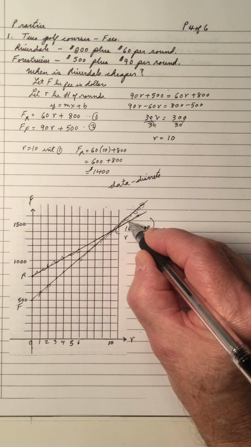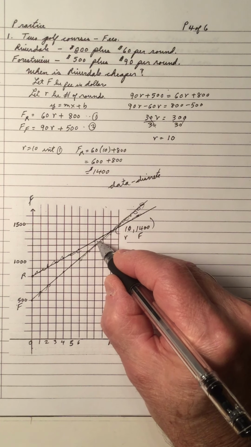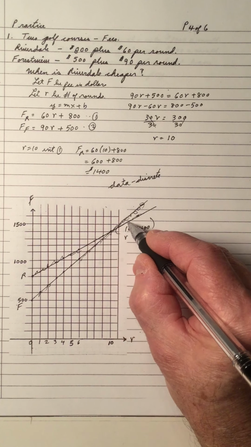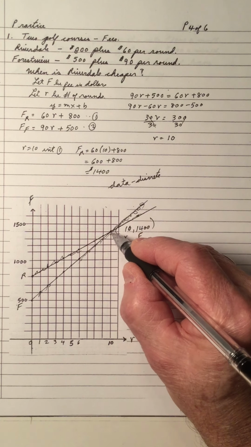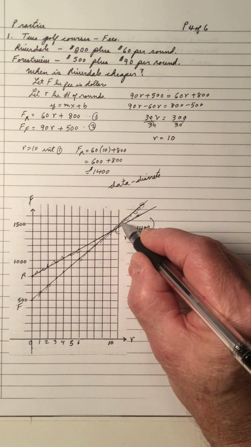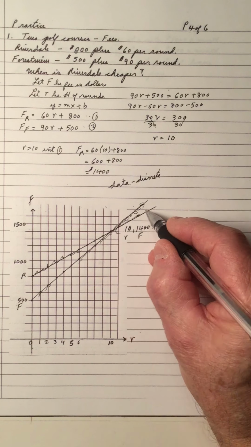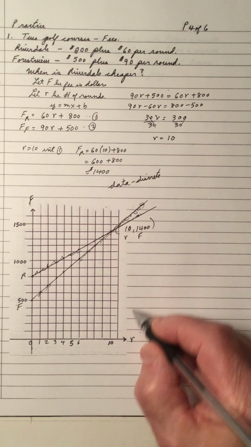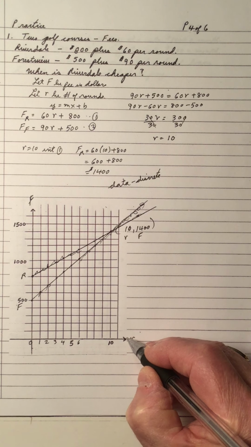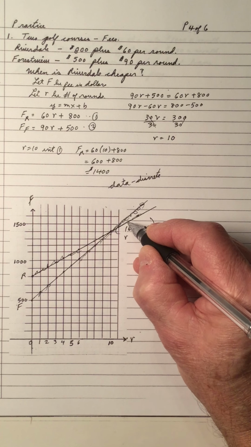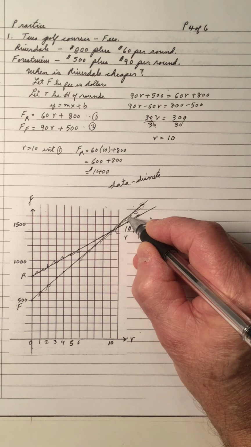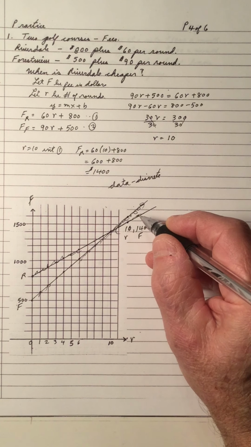But after 10 rounds, what happens? Riverdale is cheaper after 10 rounds, and Forest View gets more expensive, as you can see. Because if you go 11 rounds, let's pretend this is 11 coming up here, right here Riverdale would be cheaper, and Forest View would be more expensive.